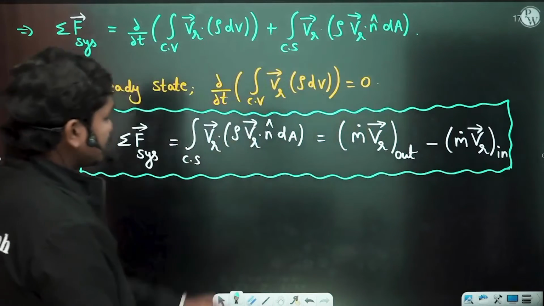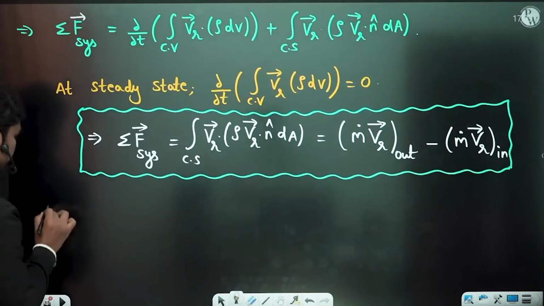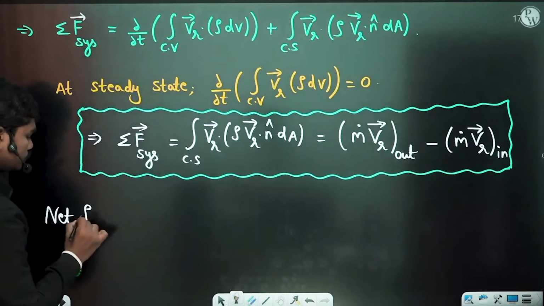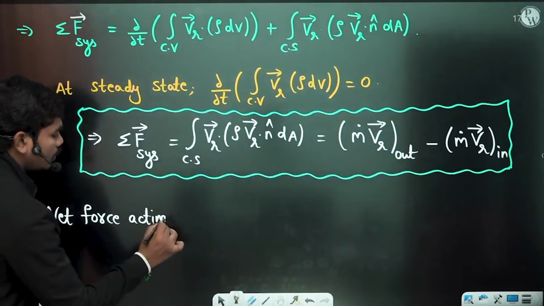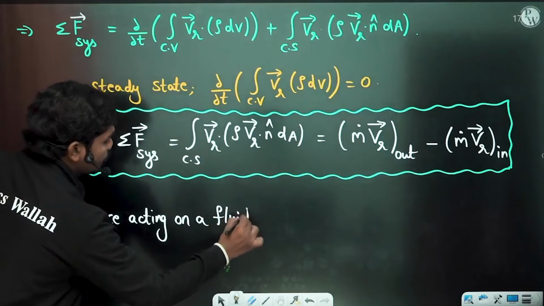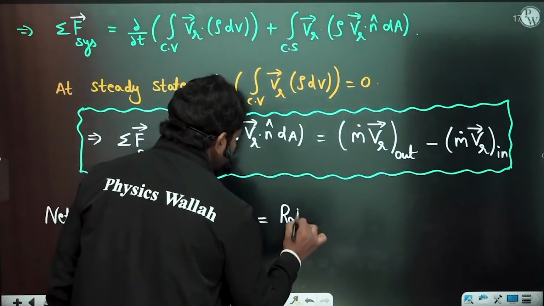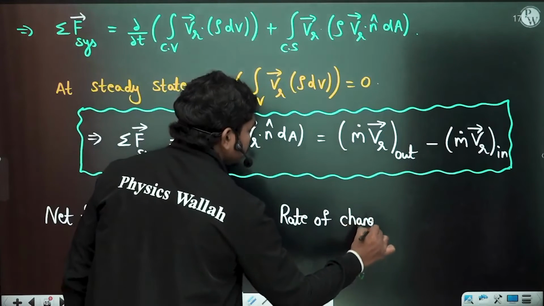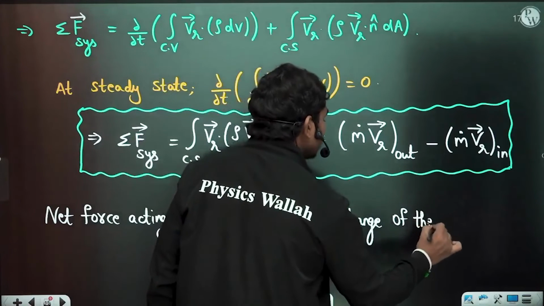Now one important thing here is that you can write this in words if you would like to. See here, the net force acting on a fluid is equal to, obviously you can understand, the rate of change of the momentum of the fluid.